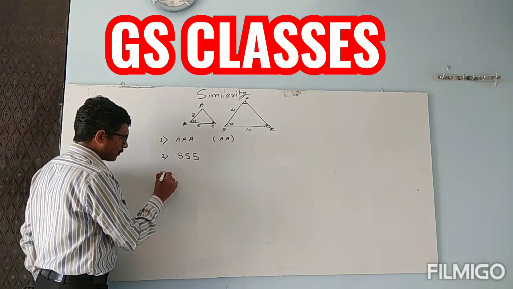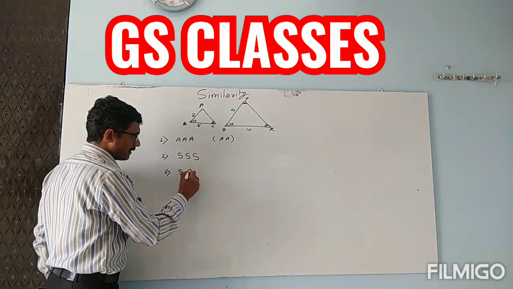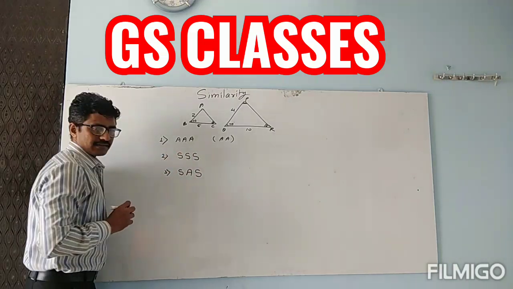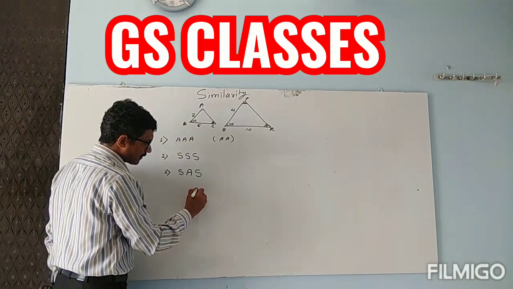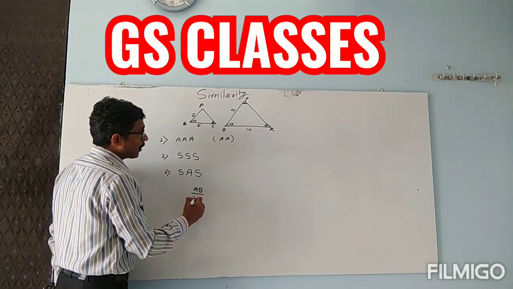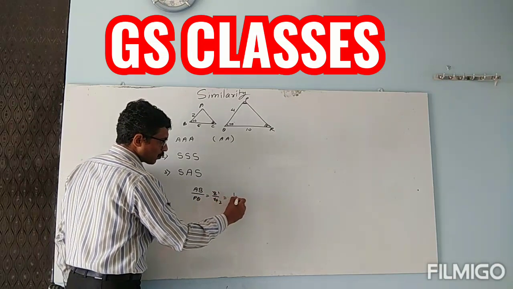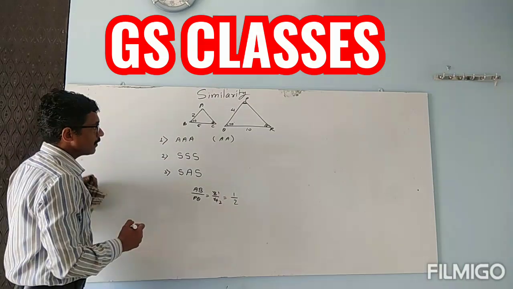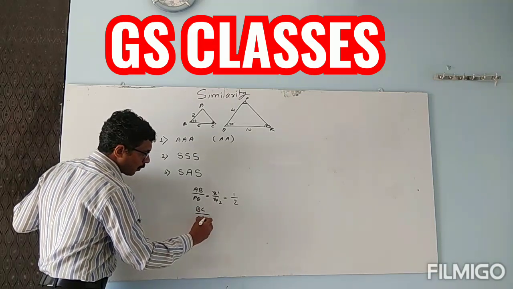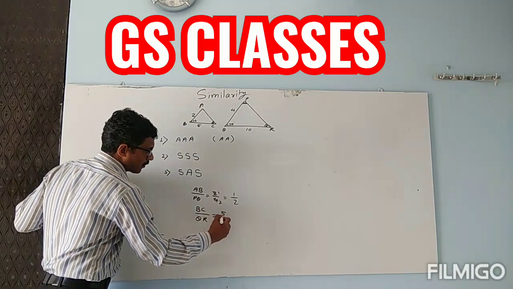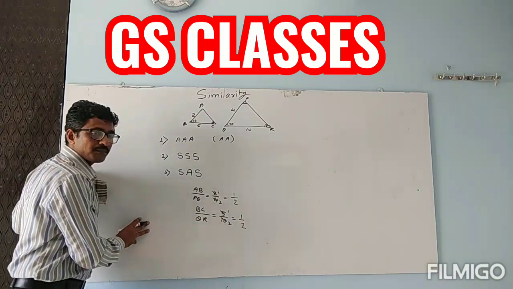Now we can write over here the third criteria of similarity, SAS. S means side. If I write AB upon PQ, my answer will be 2 by 4, means 1 by 2. Similarly, BC upon QR is going to be 5 by 10. It is 1 upon 2.